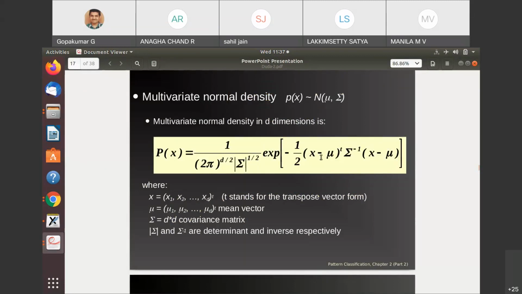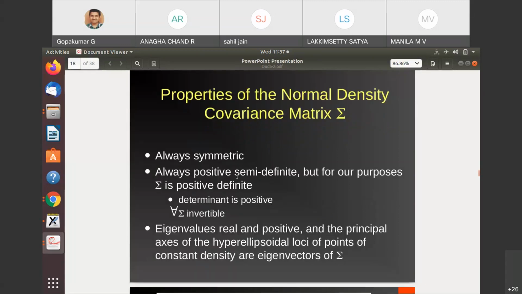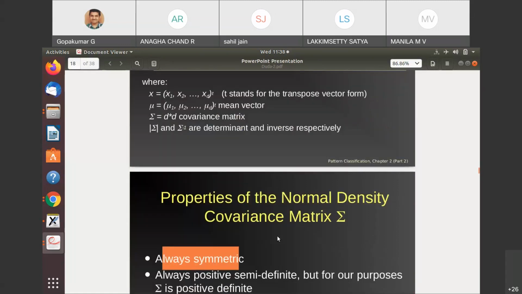The others are nothing but the mean vector and its difference, but the covariance matrix determines how these features are covarying together, and that can have a lot of impact on this probability value. We are not going into detailed analysis, but keep in mind that it is symmetric, because it is d cross d and the same features are on the rows and columns of the matrix.